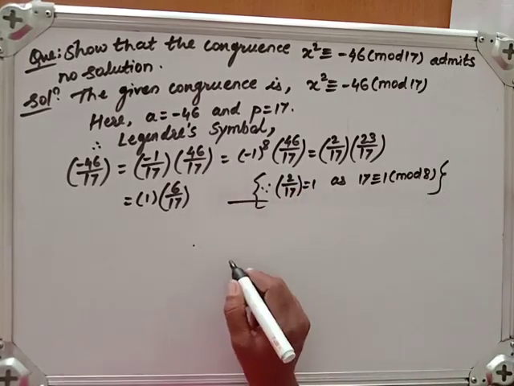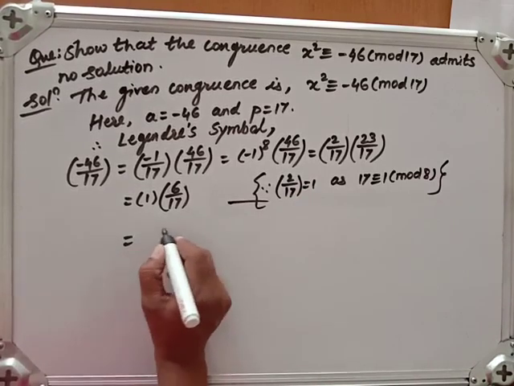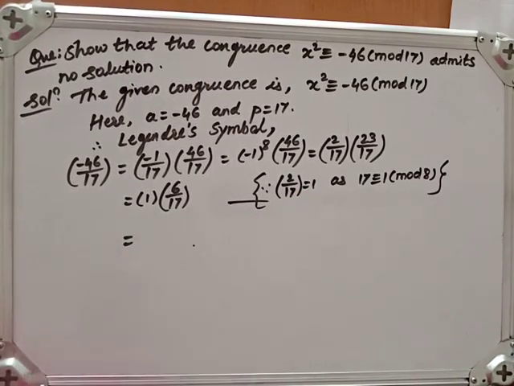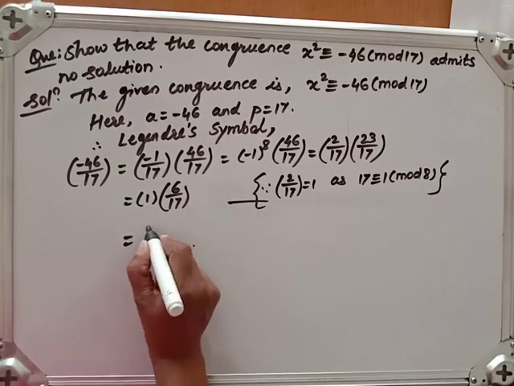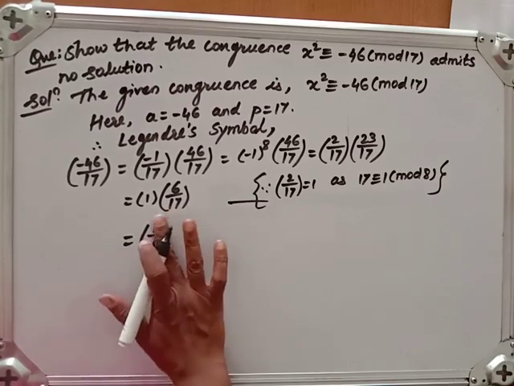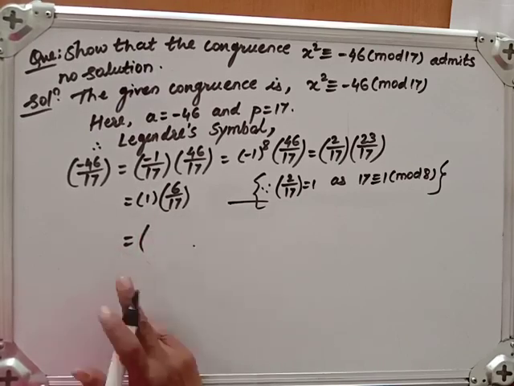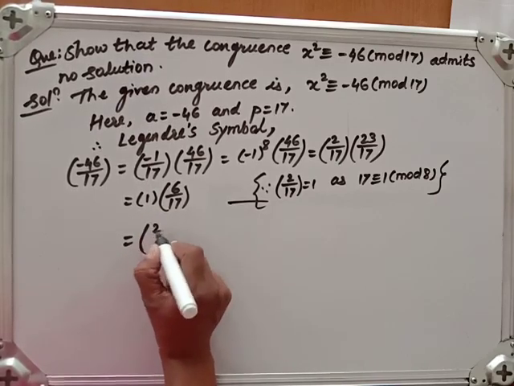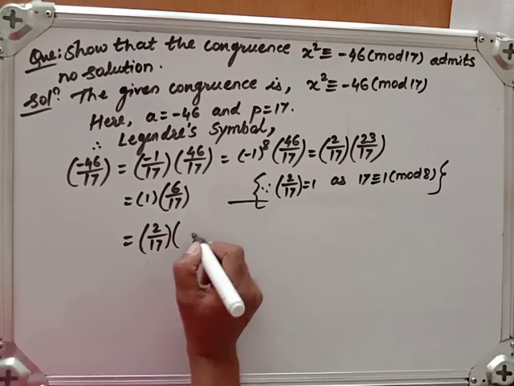Okay, so this will be the Legendre symbol of 6 by 17. These are not prime so we cannot split it that way; it is the Legendre symbol of 2 by 17 into the Legendre symbol of 3 by 17.